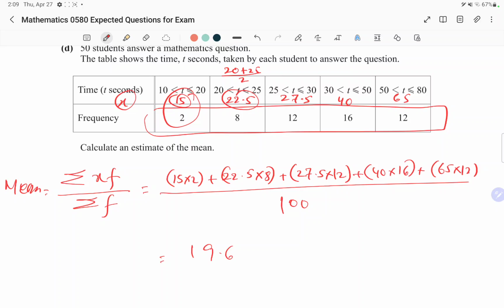So 27.5 times 12 plus 40 times 16 plus 65 times 12 over 100. Now I got 19.6. So still I'm getting 19.6.